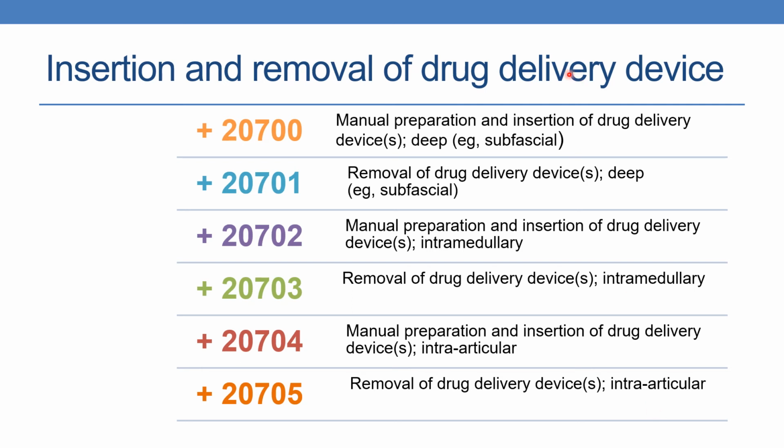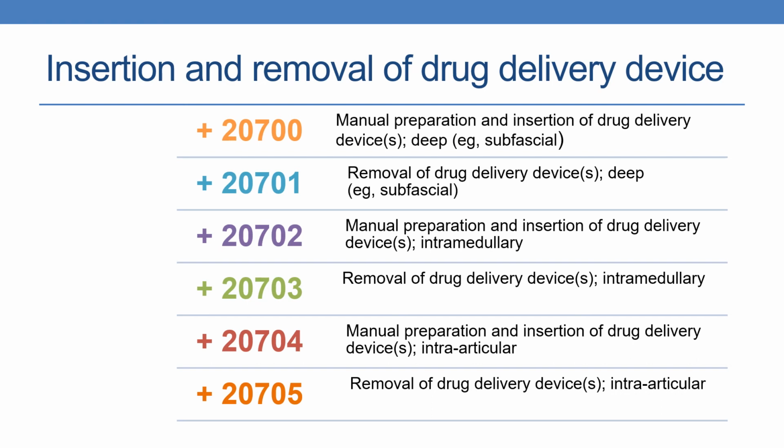So these are all add-on codes that must be used in conjunction with another primary procedure that is performed. For example, the procedure 20700 can be reported with various procedures such as 11010, 11011, 11012, and so on.